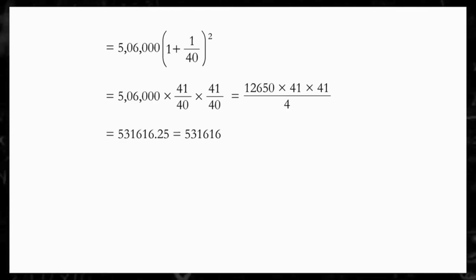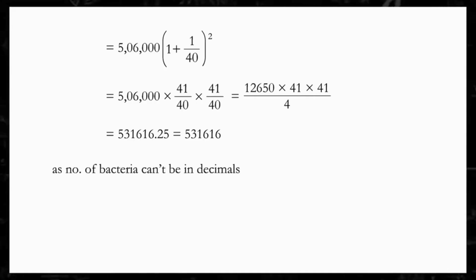This is equal to 5,31,616.25. This is equal to 5,31,616, as the number of bacteria cannot be in decimals.